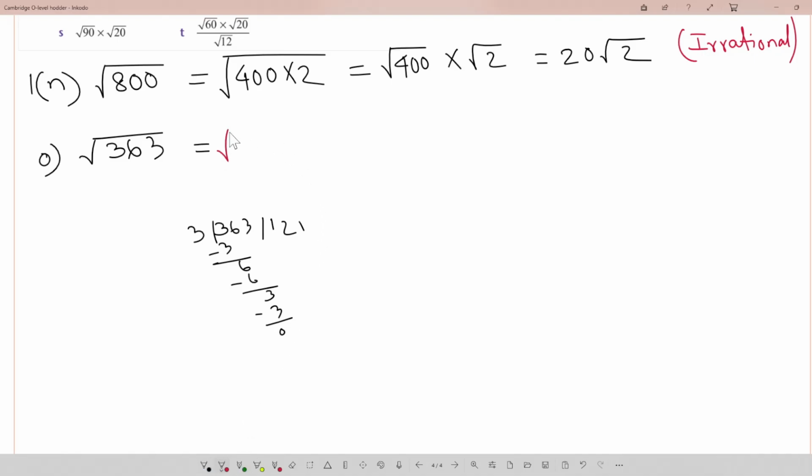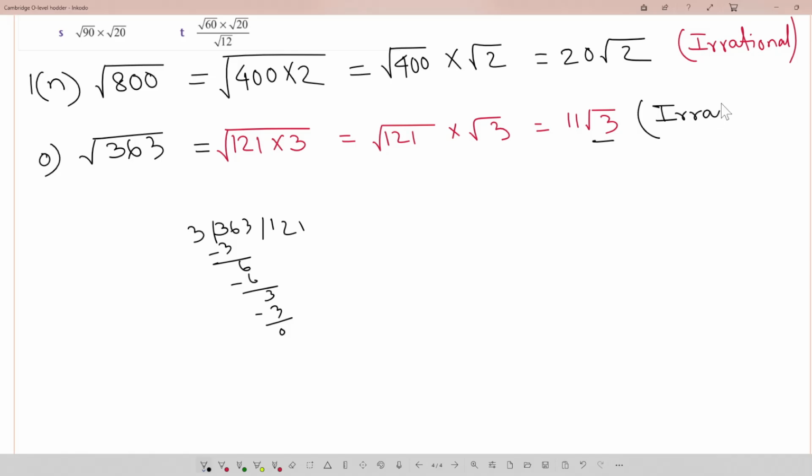So we can write root 121 times 3, then root 121 times root 3. Root 121 becomes 11, and root 3. Root 3 is an irrational number, so the whole thing becomes irrational.